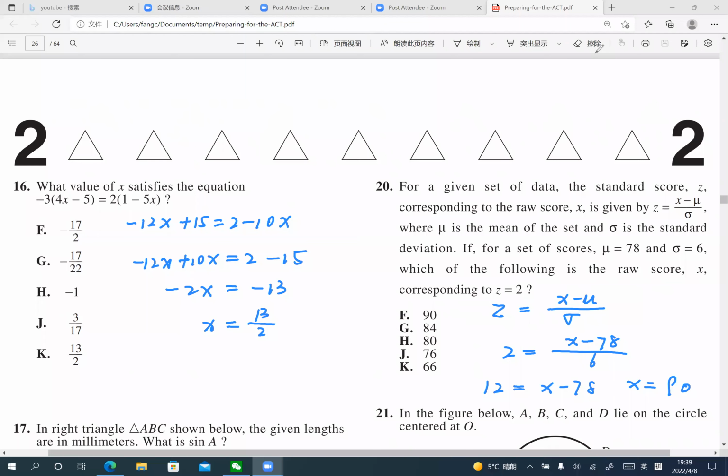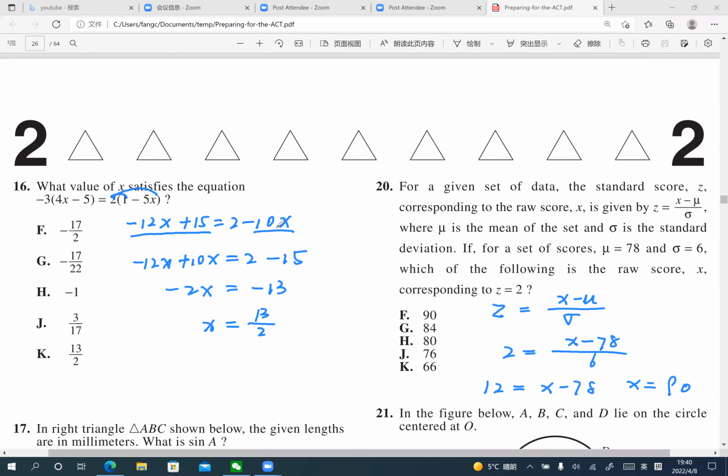Question 16. What value of x satisfies the equation -3 times (4x minus 5) equals 2 times (1 minus 5x)? So simplify the equation, we get -12x plus 15 equals 2 minus 10x.